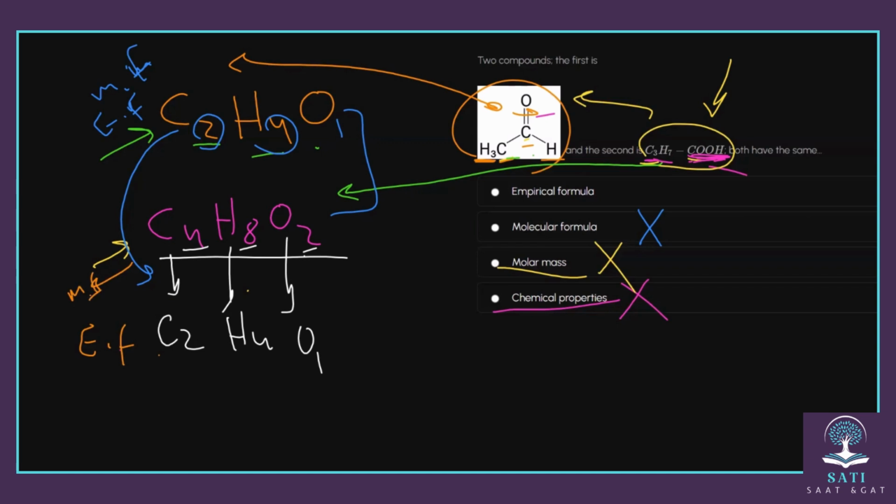Okay, now is this empirical formula of the butanoic acid similar to this one? Yes, it is. As you see, C2 and H4 and O. So in this case, they have the same empirical formula, but they don't have the same molecular formula or the same molar mass. So you go to choose empirical formula as the answer.